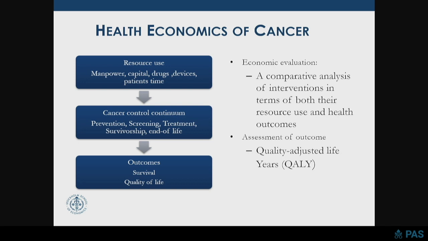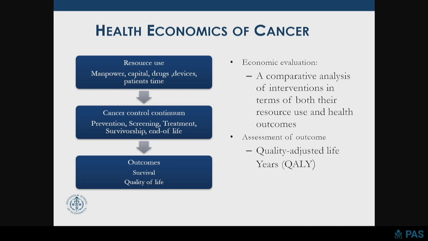Thank you. So health economics is about a relation between resources and outcome. And this is the same over the whole cancer continuum. All actions which we are taking in order to improve the situation for cancer patients are basically the same. They use resources and they produce outcome.